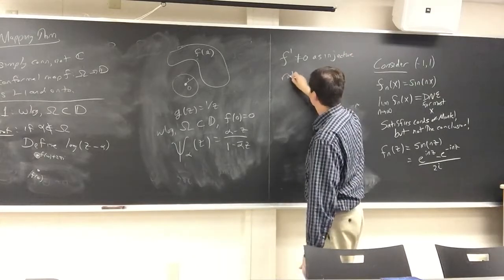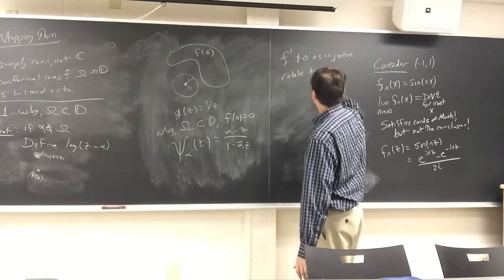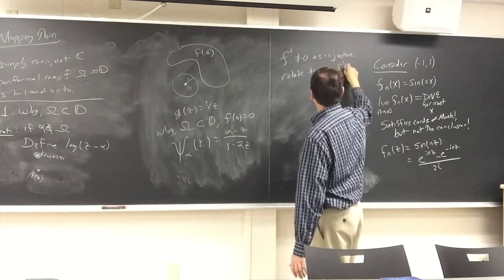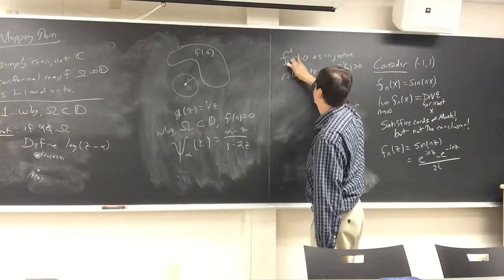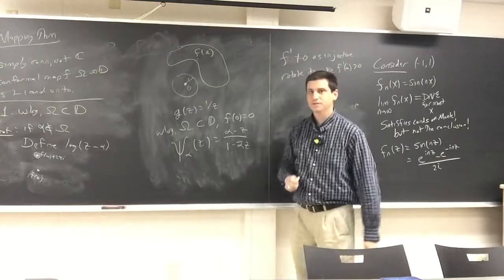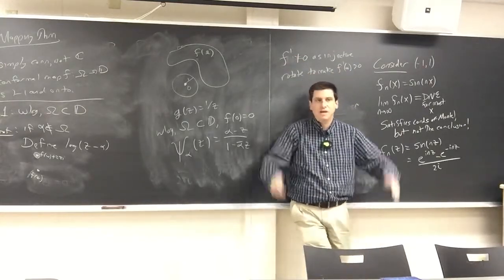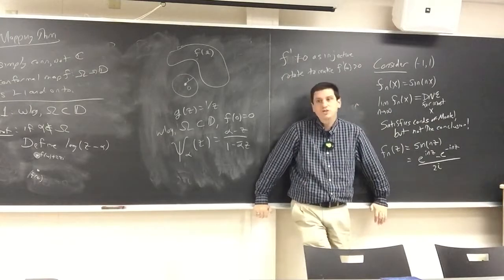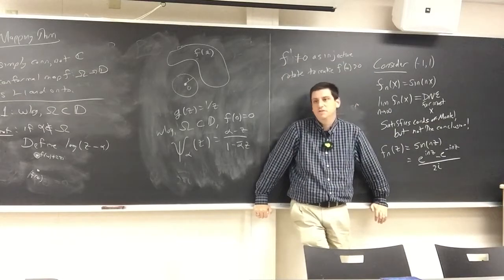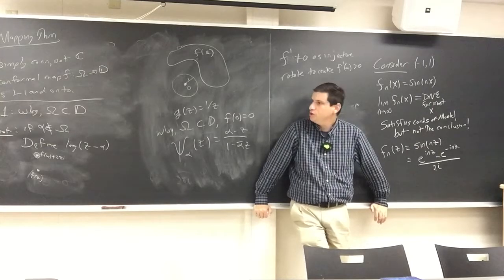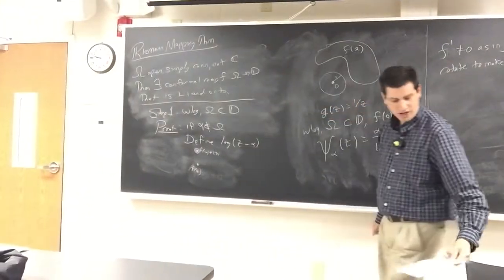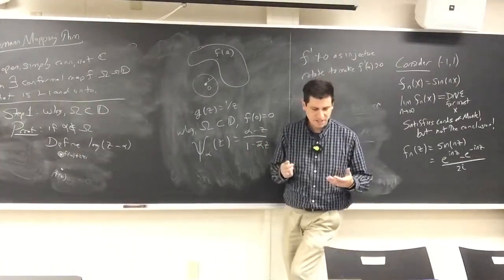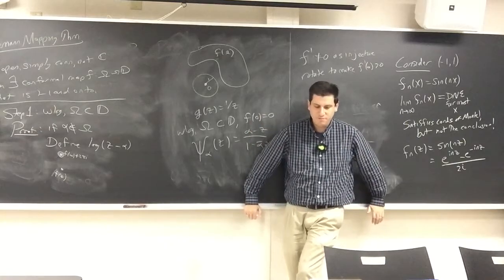We could just rotate to make f prime of 0 greater than 0. Actually it's just true in general. f prime is not 0. Right? The book talks about maximizing the absolute value of f prime. We could just rotate each one of them and make each one of them real. Doesn't really matter. So we can go through all this. And then this is where you have the abstract nonsense coming in. So now we use Montel's theorem to find a sequence that maximizes the absolute value of f prime of 0.